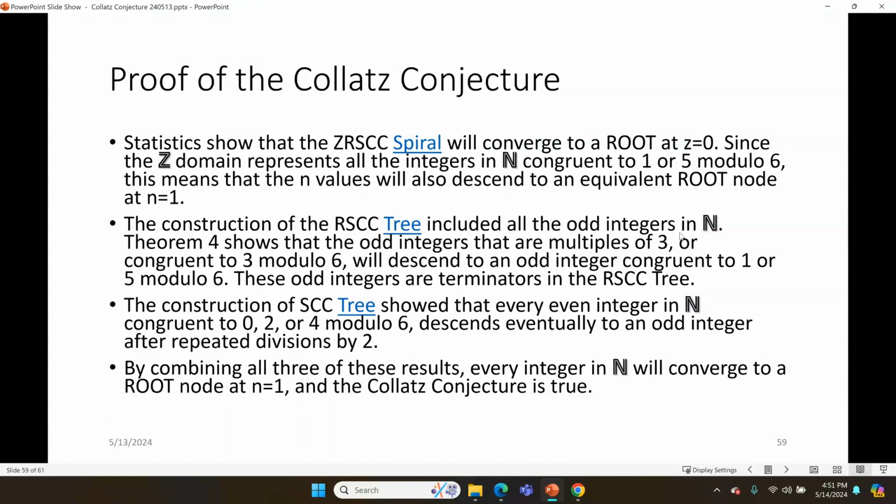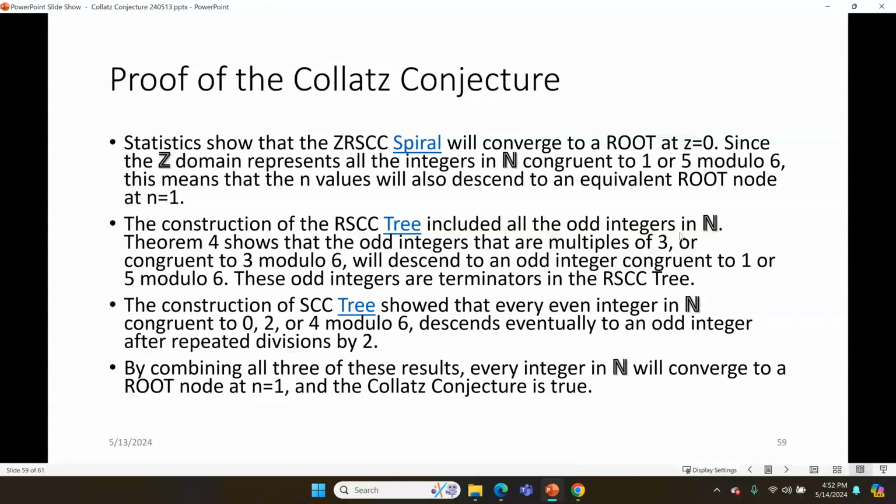The construction of the reverse simplified Collatz conjecture tree included all the odd integers in n. Theorem 4 showed that the odd integers that are multiples of 3, or congruent to 3 mod 6, will descend to an odd integer congruent to 1 or 5 modulo 6. So therefore, they also will inevitably converge to a root at n equal 1.